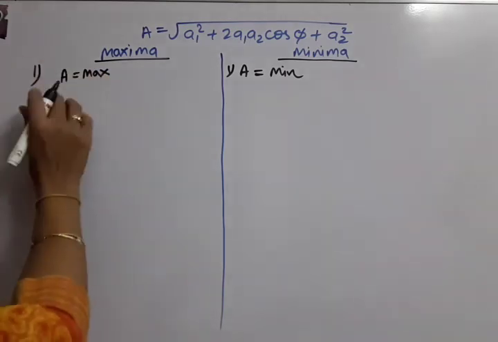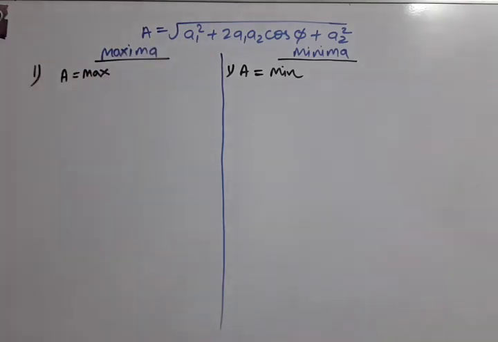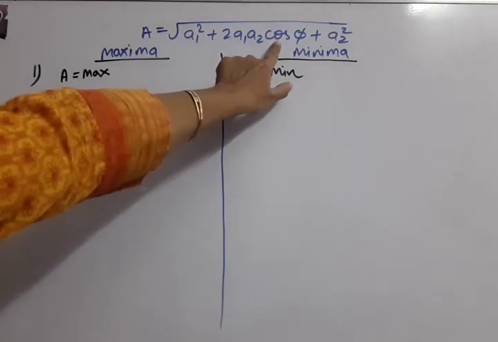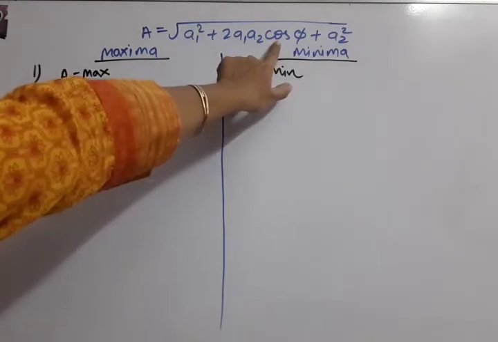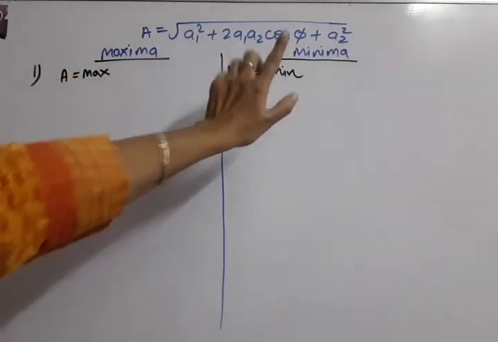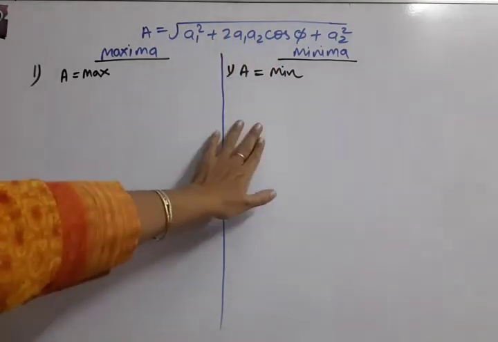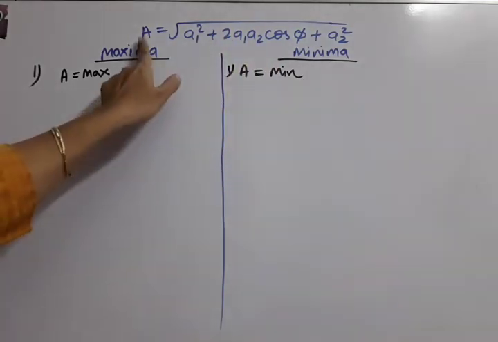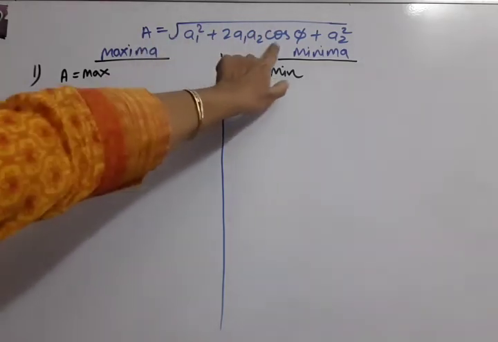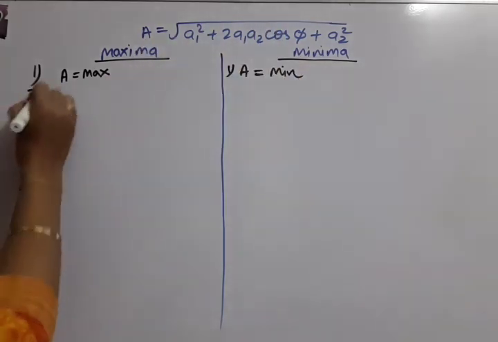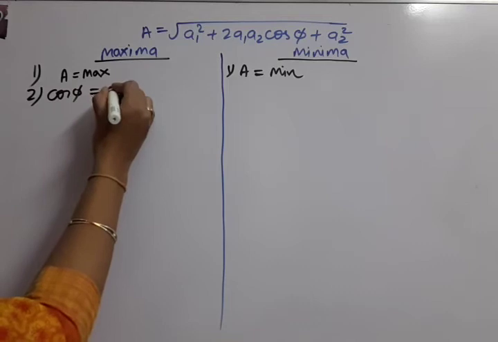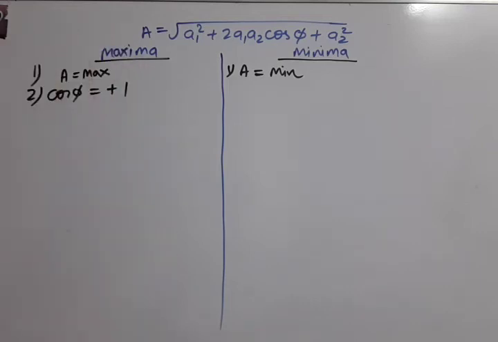Now, who will decide the maximum amplitude? Here you can notice that a cos phi term is appearing. So the cos phi term will decide maximum or minimum amplitude. If we want a maximum, cos phi should also be maximum, that means it should be plus 1.